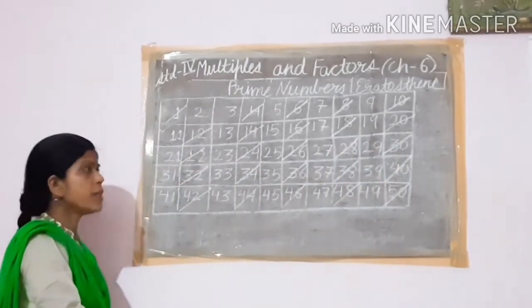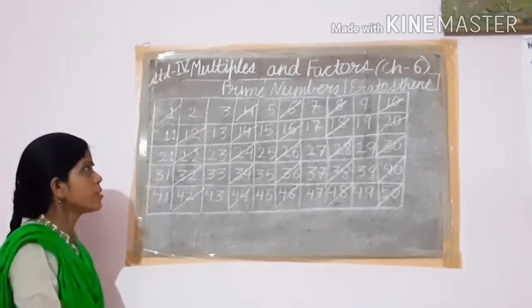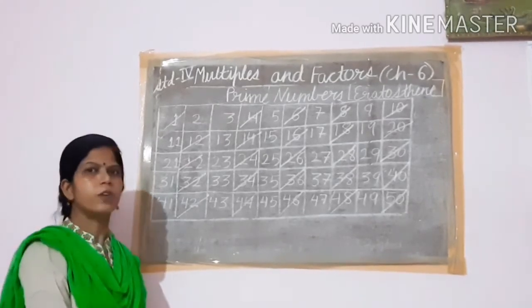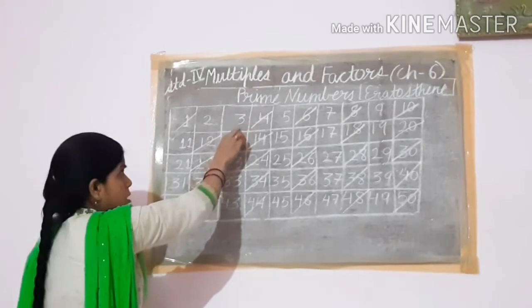Next, every multiple of 3 other than 3 is not a prime number. So you cross out every third number from the beginning. Do not cross this 3.